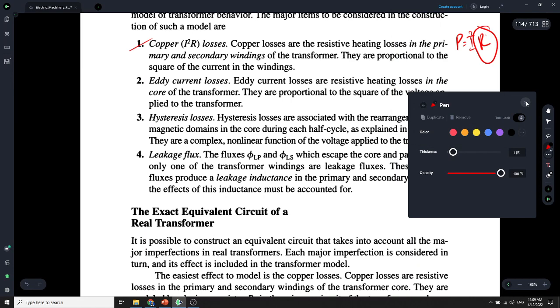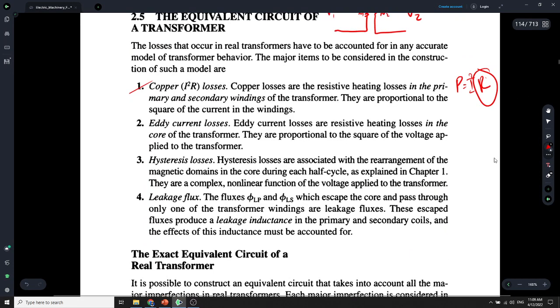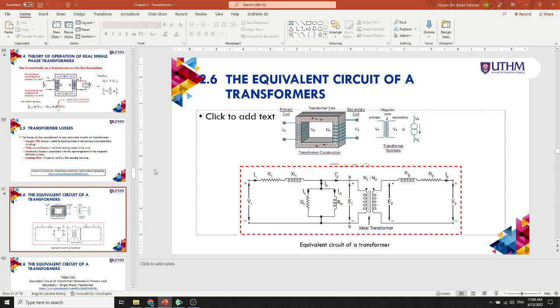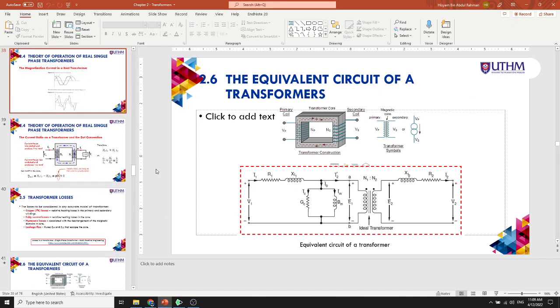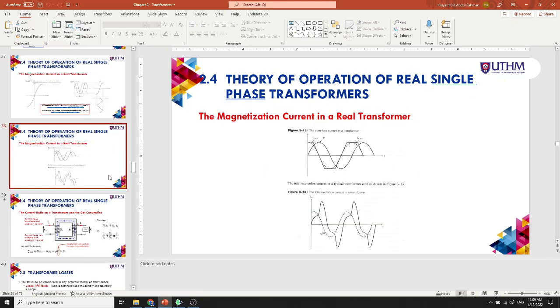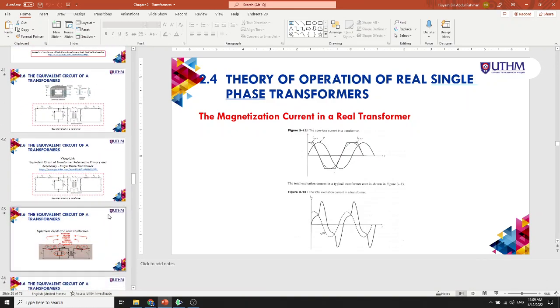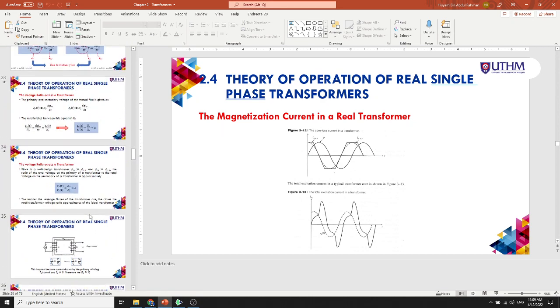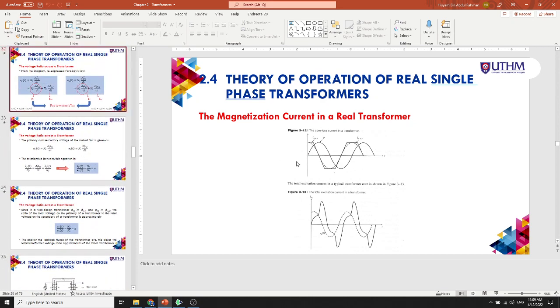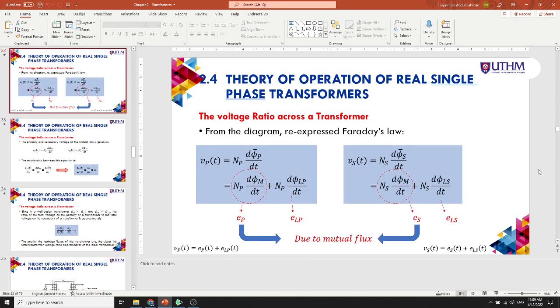For leakage flux, how do we want to consider or design the equivalent circuit? First of all, we need to see the equation we covered last week. Do you still remember this one?